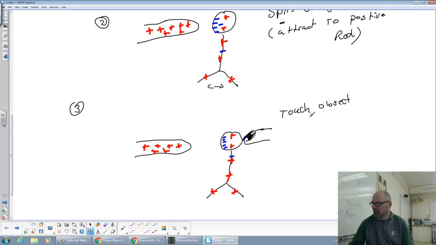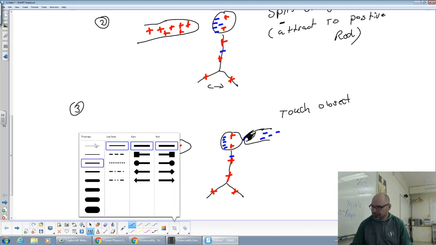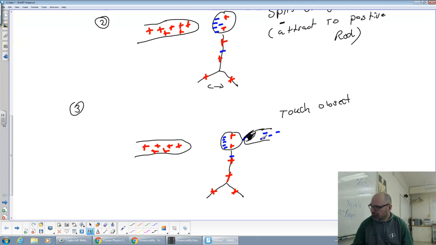Okay, so we're going to touch the object, and we have a bunch of different kinds of charges on us because what's going to happen is the negatives are going to get attracted to this positive rod that's close. So there's going to be some negative charges that are on here, let's say 4 or 5 or whatever, and they're going to get attracted onto, and they're going to flow through our finger onto the neutral object.